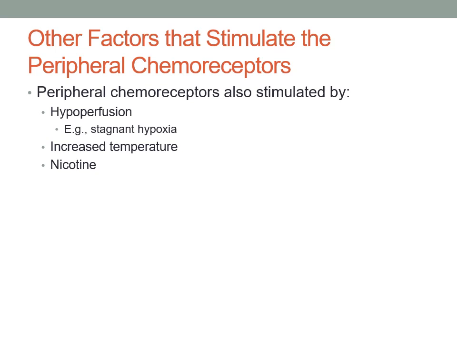Something else that also stimulates peripheral chemoreceptors is hypoperfusion or stagnant hypoxemia, when the heart just doesn't move the blood around. Also, increased temperature and nicotine and CO2 can all stimulate peripheral chemoreceptors.